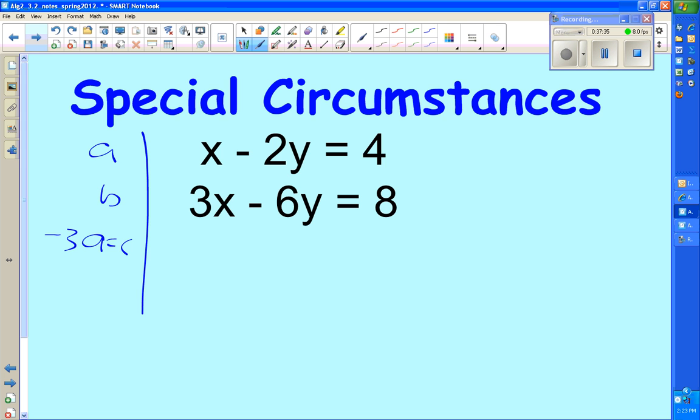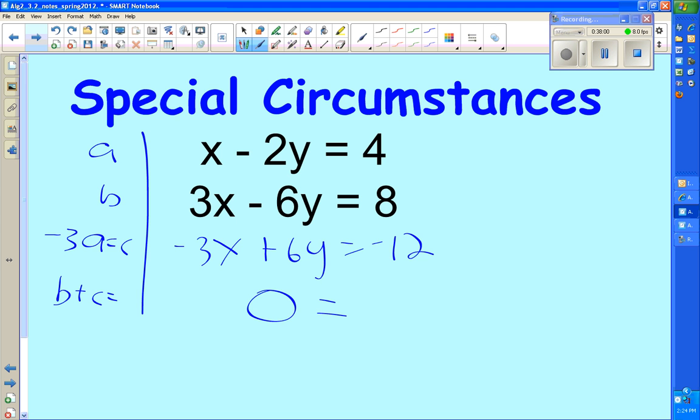So what do we really have on the left? 0. On the right, however, what do we have? Negative 4. Now, I want you to think about this. When is this true? Never. Be careful. When is 0 equal to negative 4? Never. No matter what.